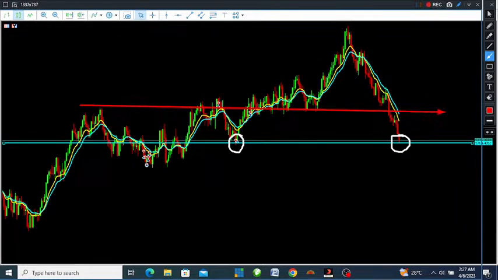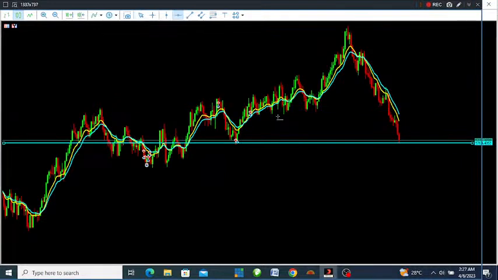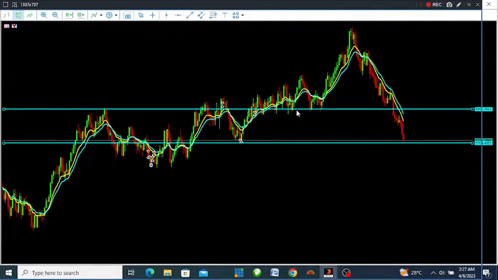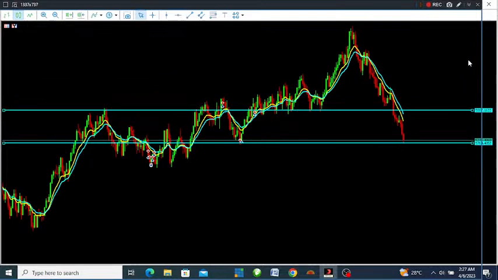And if you check carefully here, you will notice that this place also was a support zone. From here, from this place, all this place were resistance zone, we are support zone.